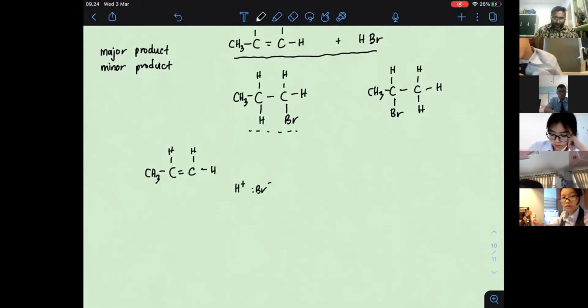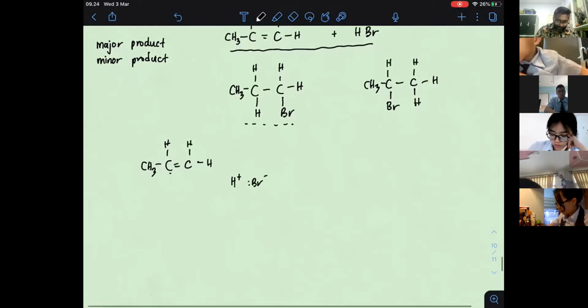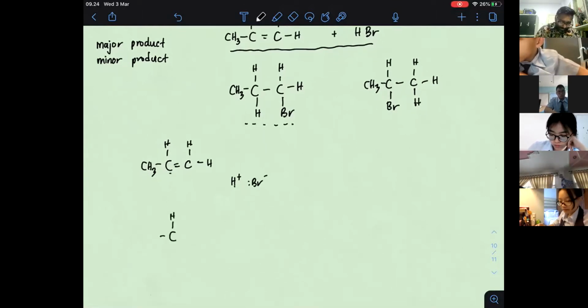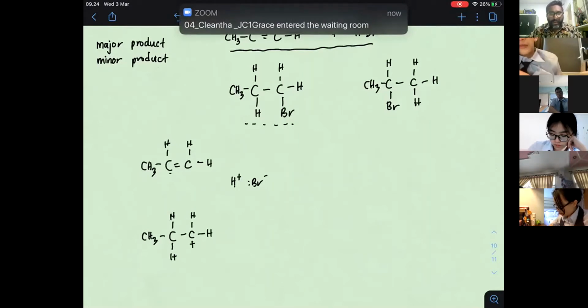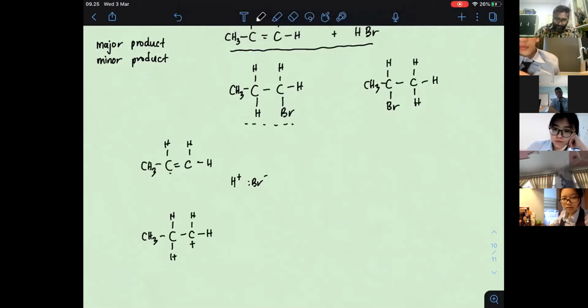So the H plus goes here. So I put H, CH3, H came here, CH, H, and this is positive. I'll just stop over here. The Br will go and attack this part, but I don't want to write that down first.